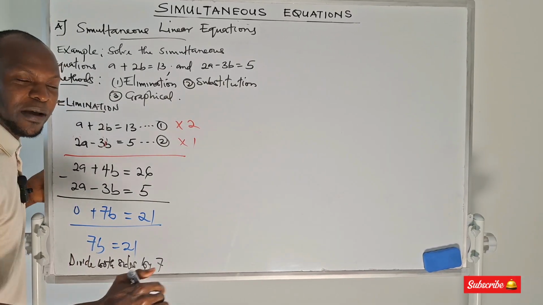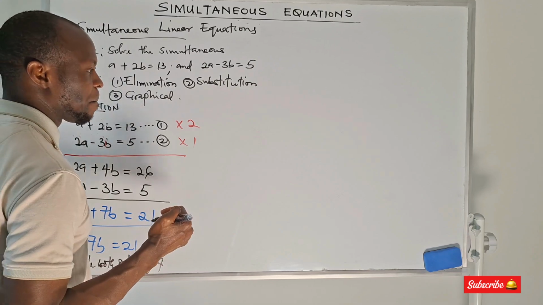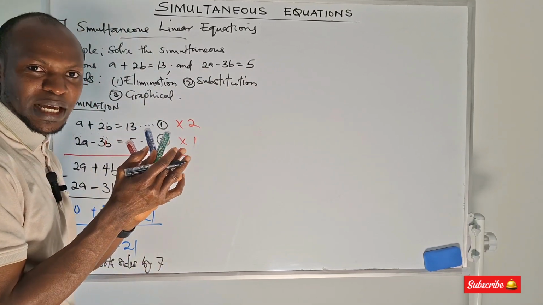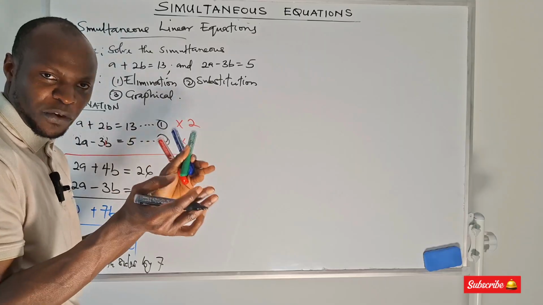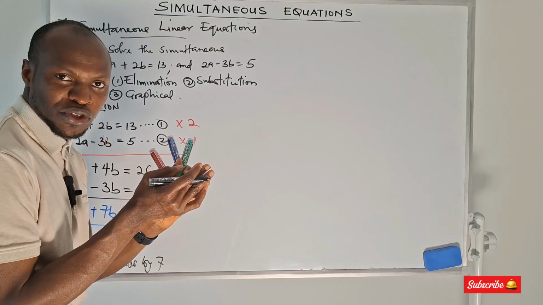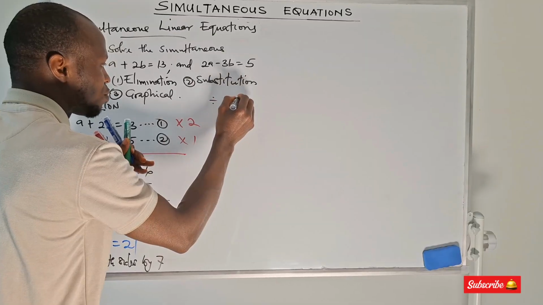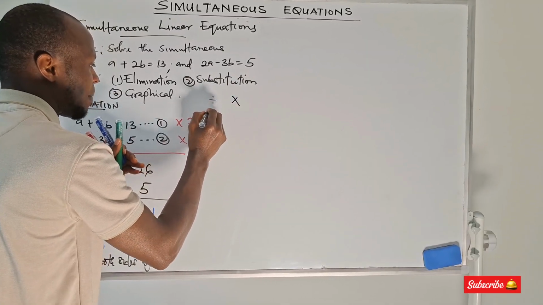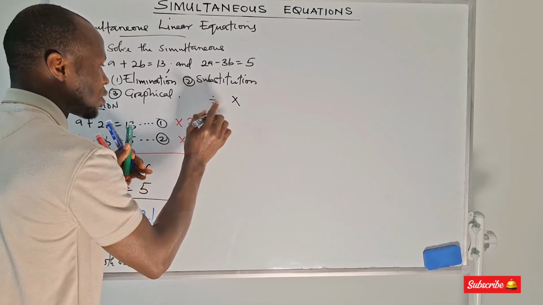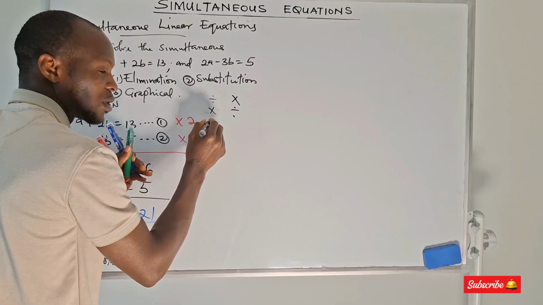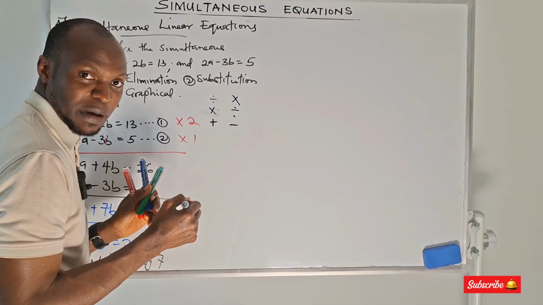They will be separated. I've said in mathematics, when you want to separate two numbers or two figures that are joined together by multiplication, they'll be separated by division. If they're joined together by division, they'll be separated by multiplication. If they're joined together by plus, by addition, they'll be separated by minus, by subtraction.